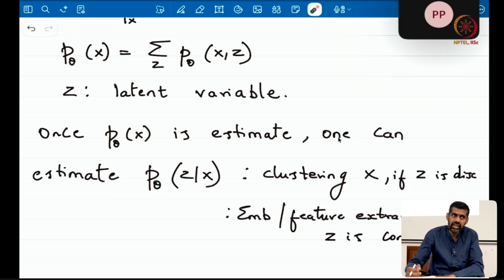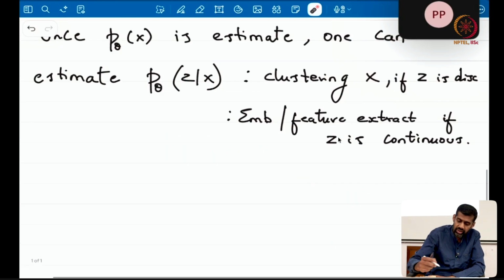So, any unsupervised learning algorithm that has a latent variable formulation with z being discrete can always be called a clustering algorithm. And any unsupervised learning algorithm which has a latent variable formulation with z being continuous can be seen as a feature extractor or an embedding extractor. That is the way to look at it.